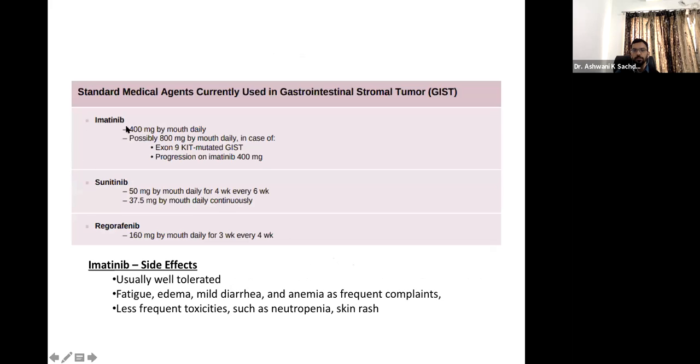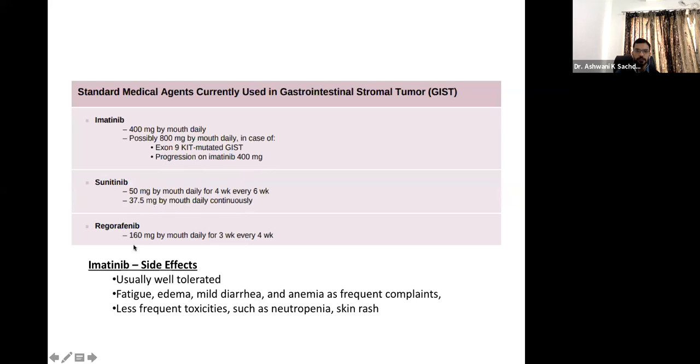So imatinib is given 400 milligram OD, and 800 milligram in case of exon 9 KIT mutation, and progression on imatinib 400 milligram dose. Sunitinib is given as 50 milligram daily for 4 weeks in a 6-week cycle, or 37.5 milligram continuously.